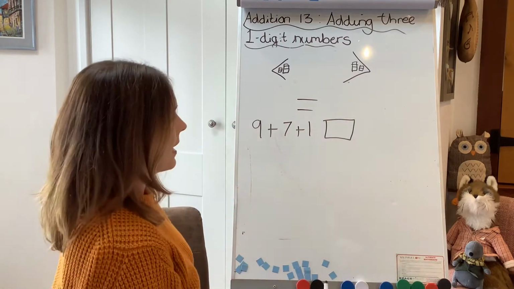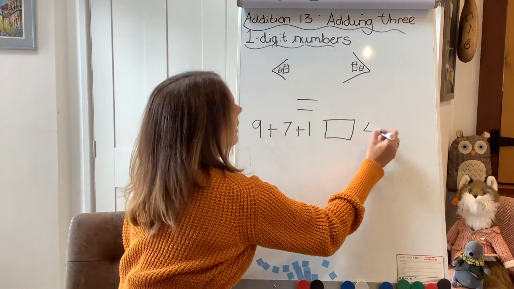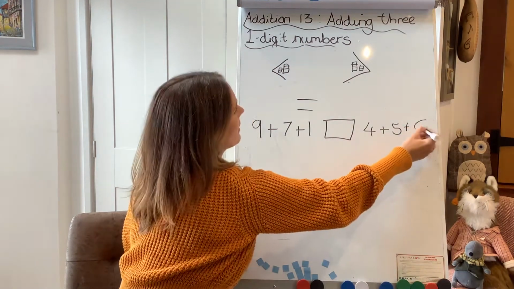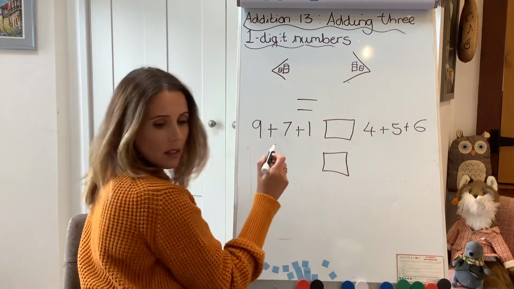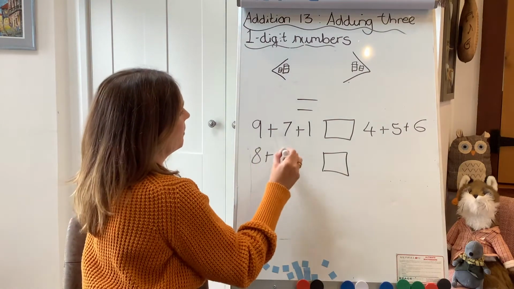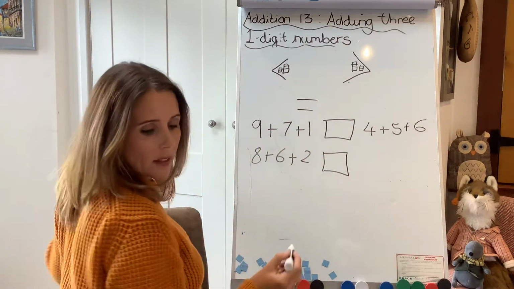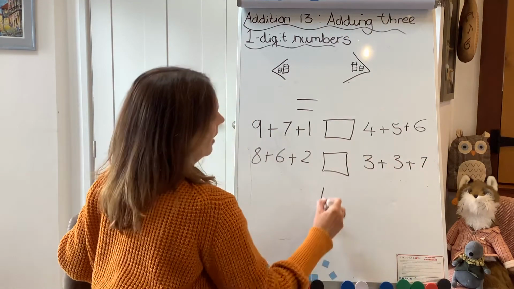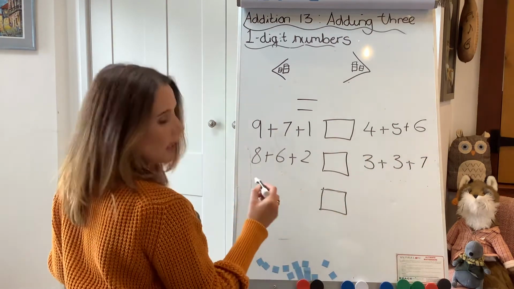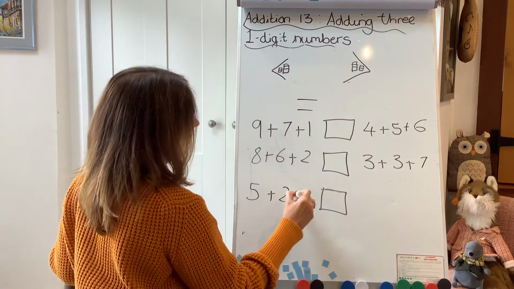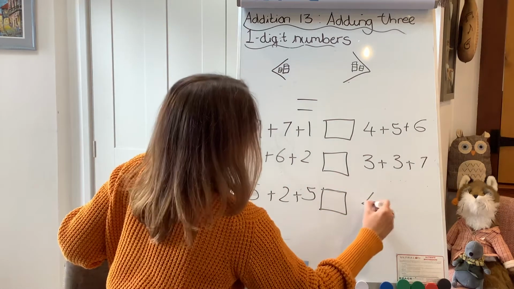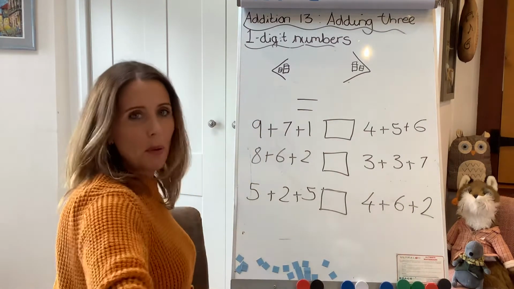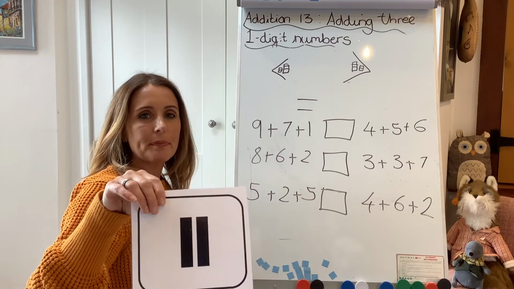Is it more than, less than, is it equal to this? 8 add 6 add 2. Is it more than, less than 3 add 3 add 7. And 5 add 2 add 5. Is it more than, less than, or equal to? 4 add 6 add 2. Okay, pause it, have a go at those.